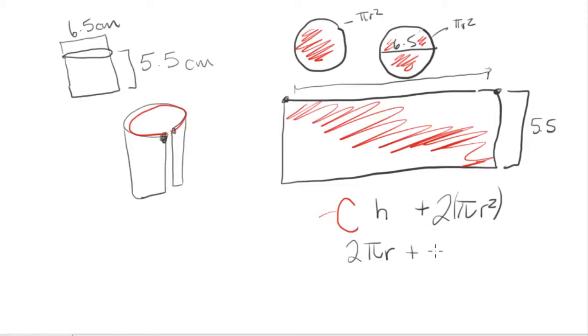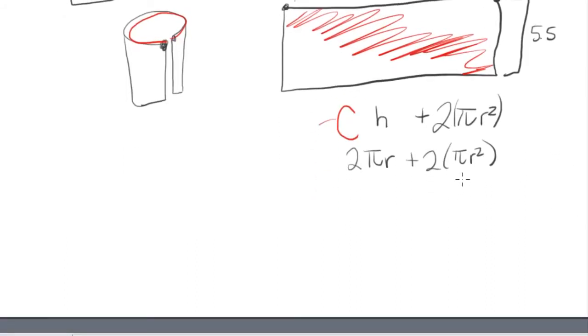So therefore, we can calculate the surface area of a cylinder as 2 pi r h plus 2 pi r squared. All right. So in our case here, we end up with 2 times 3.14 times the radius, which is half of 6.5.